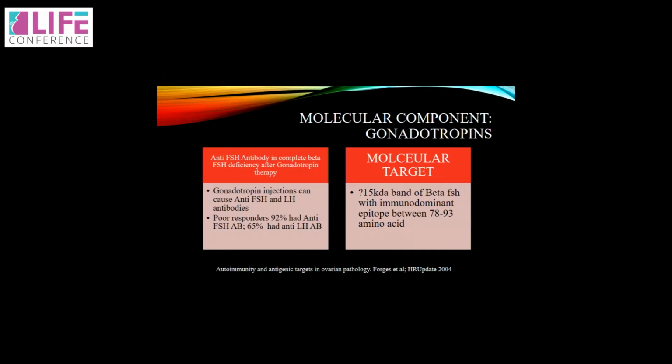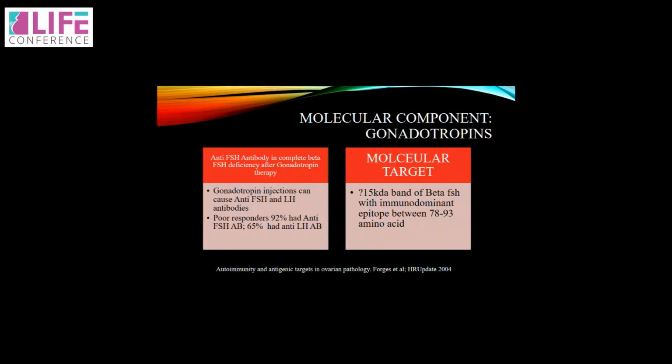Now, gonadotrophin injections can cause anti-FSH and LH antibodies. Even the injection that you use, especially the urinary products, you can have antibody production, and among poor responders, 92% had anti-FSH antibodies and 65% had anti-LH antibodies.